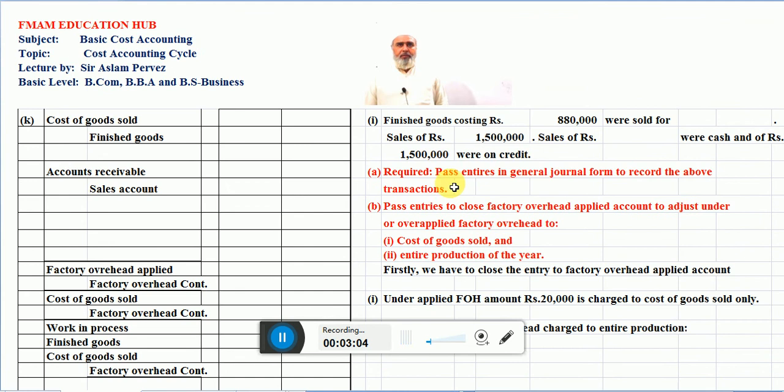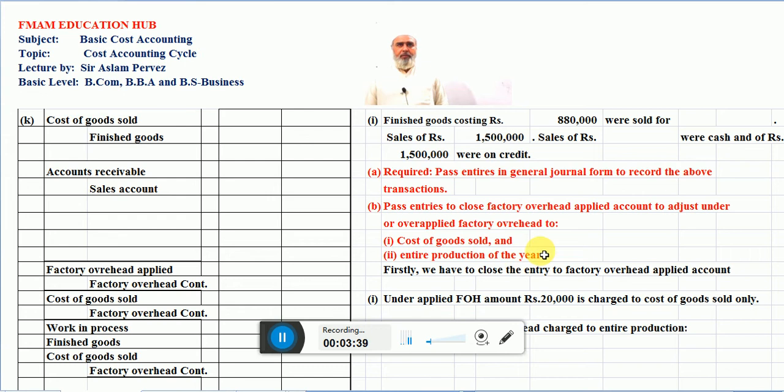Required: pass entries in journal form to record the transactions in the A part. Secondly, B part is pass entries to close factory overhead applied account to adjusted under or over applied factory overhead to number 1, cost of goods sold, and secondly, the entire production of the year.